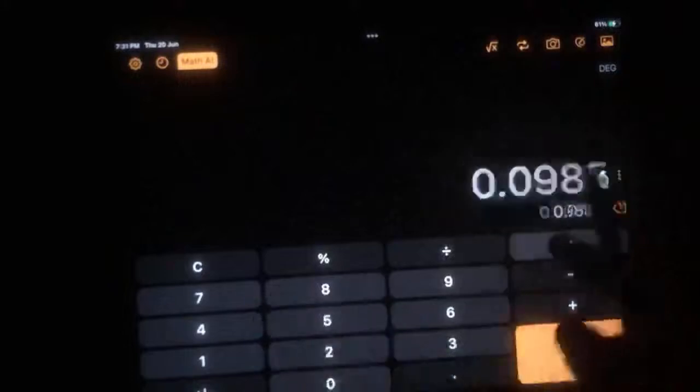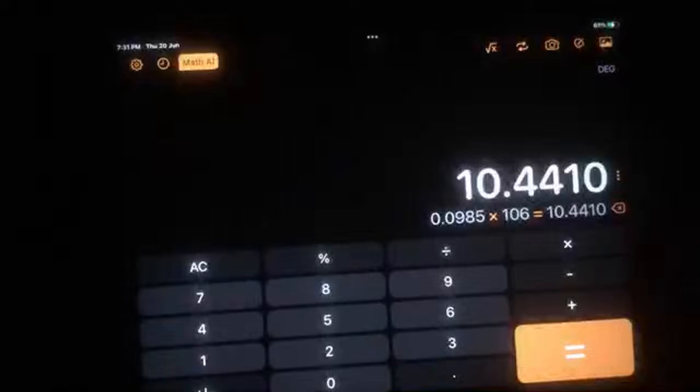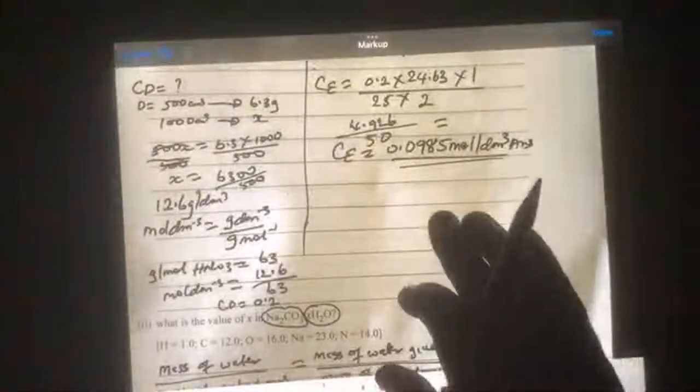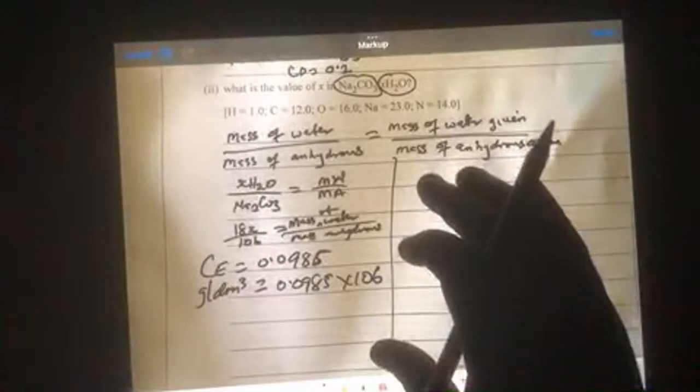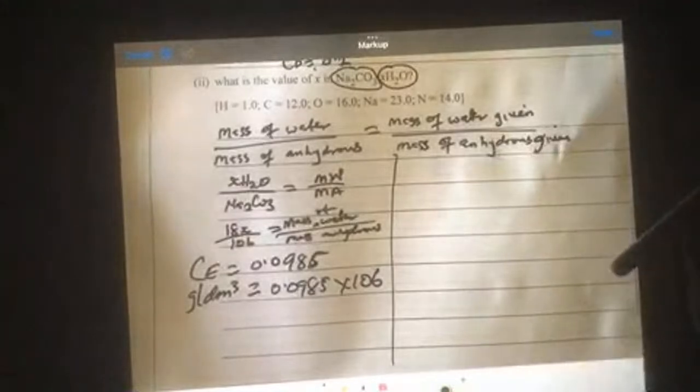0.0985 times 106 is 10.441, believing I'm correct in my calculations here. But what if I approximated 0.0985 to 0.1? It will be 10.6 exactly.